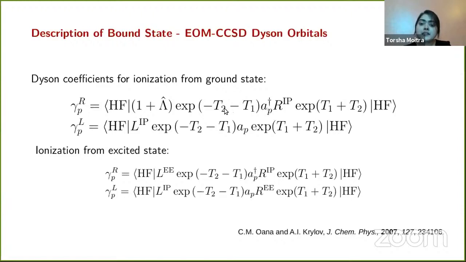Here, T, R, and L dagger are excitation operators, and for RIP or LIP, these operators are not electron number conserving. We have also looked into ionization from excited states, but I won't show any results for that today because we did not have experimental results to compare with.